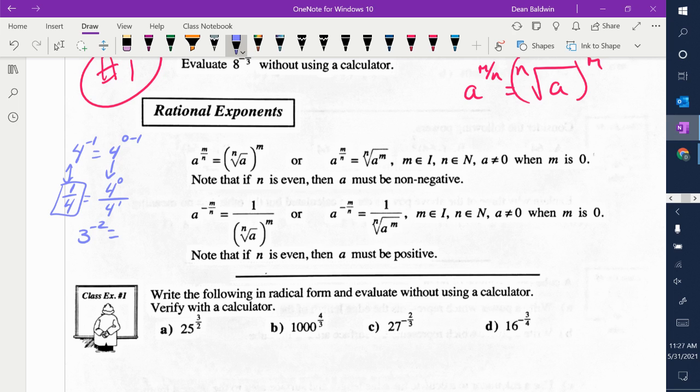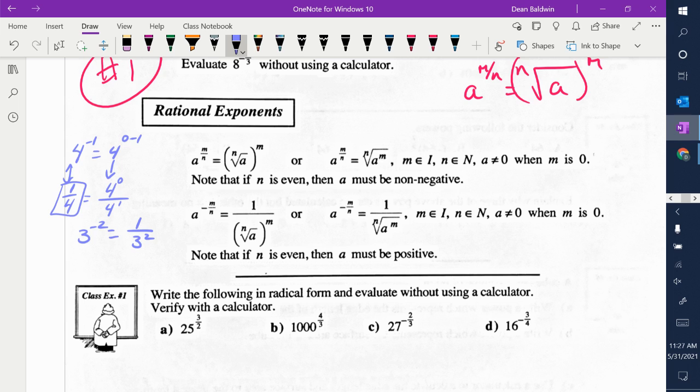What does that become? 1 over 3 squared. Whatever has the negative exponent is put in the denominator. Put a 1 over top, unless it's already a fraction. So that would be 1/9.